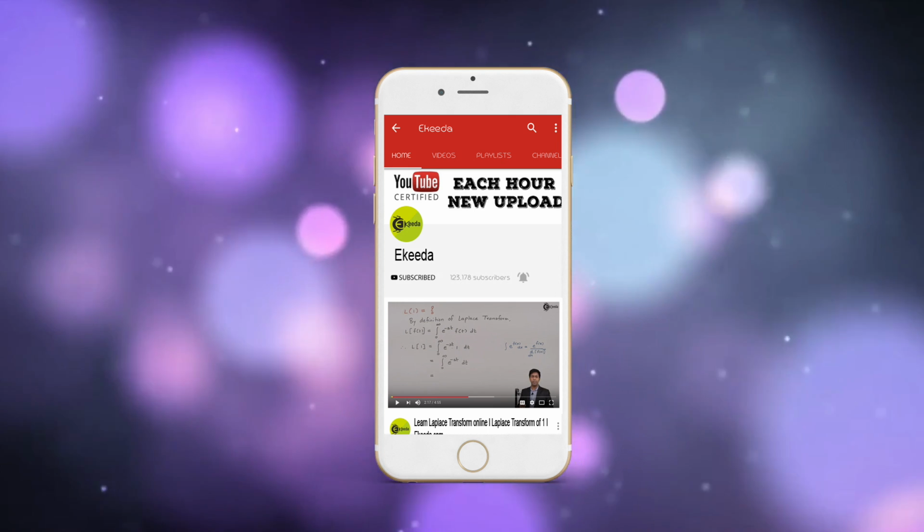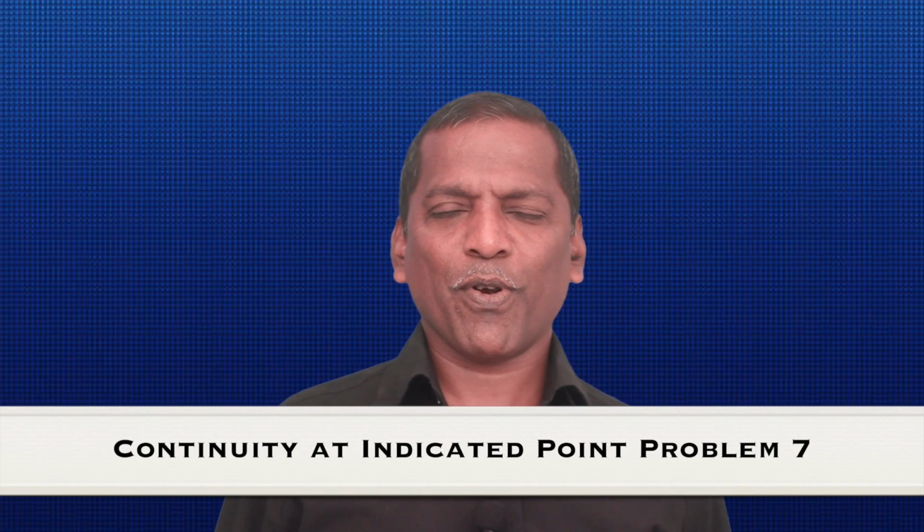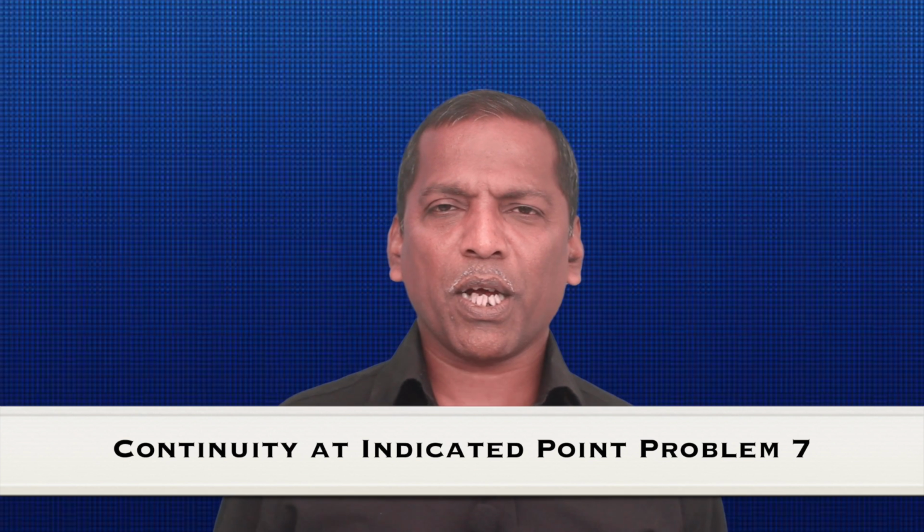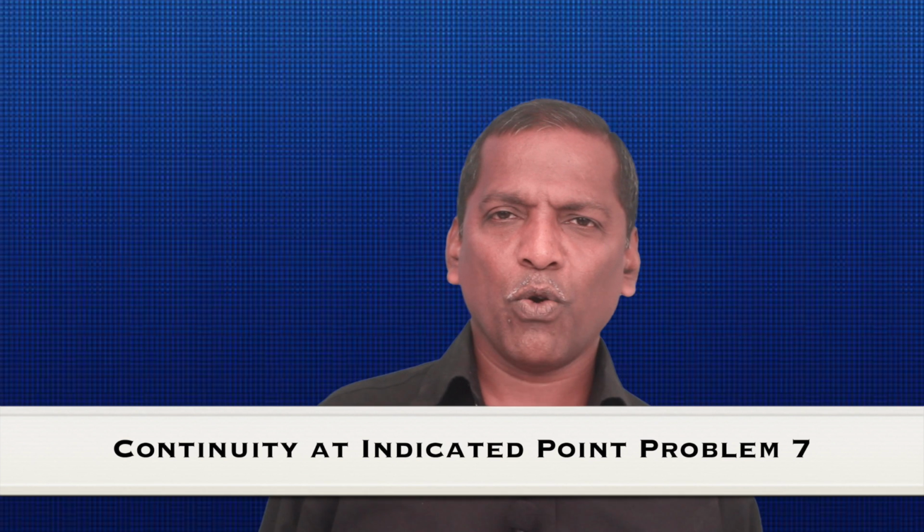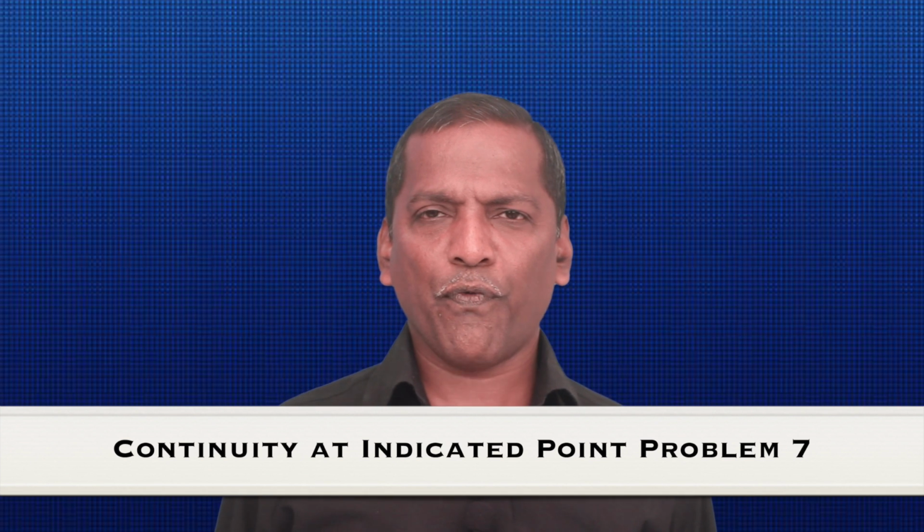Hello friends, we will learn about the problems of continuity. In this problem, the given function is continuous at x equal to pi by 6 and we have to find f of pi by 6.